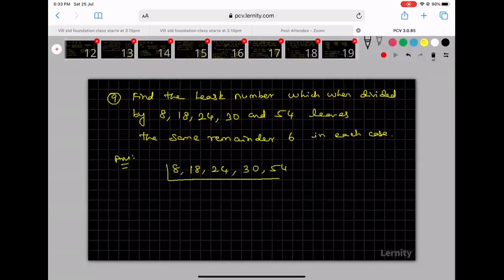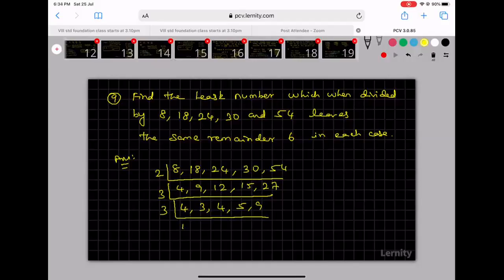Now I want to find the LCM. Here I am taking 2 means 4 times 9, 12, 15, 27. Here this is 3. If I am taking 3 means 4, 3, 4, 5 and then 9. Taking 3 again, I will get 4, 1, 4, 5, 3.